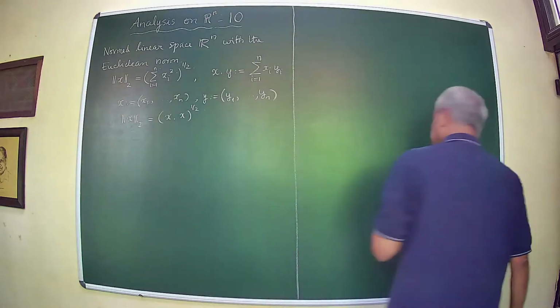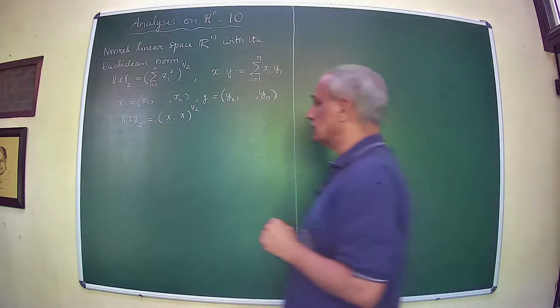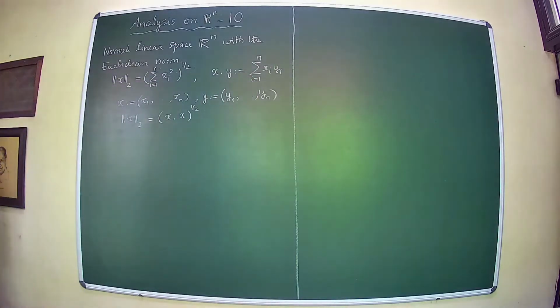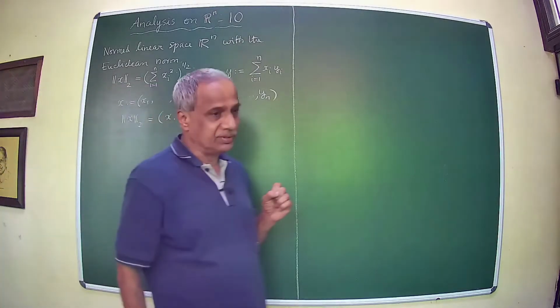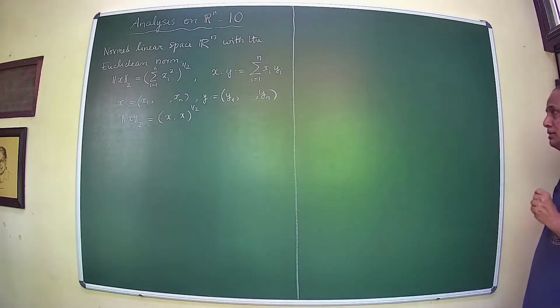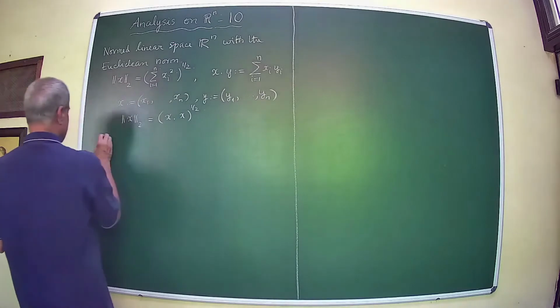That's a connection between the inner product and this. One talks about the length of the vector, the other one talks about the angle between two vectors. Okay, so this is in R2 or R3.